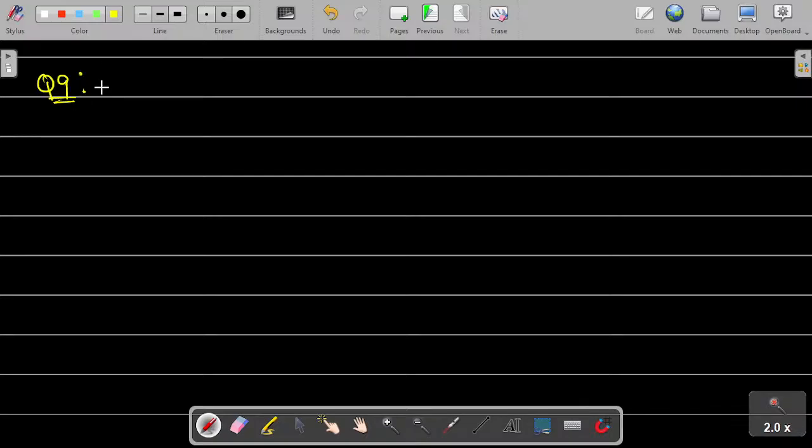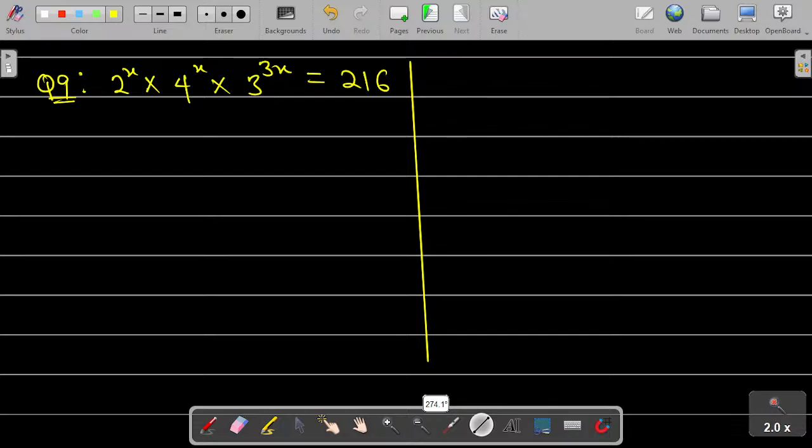Okay, 9. Here we have 2 to the power of x multiplied by 4 to the power of x multiplied by 3 to the power of 3x, and everything is equal to 216. What do we do to this kind of problem?